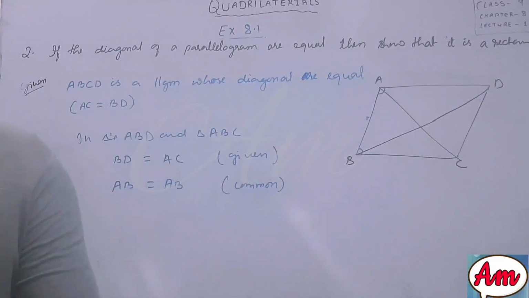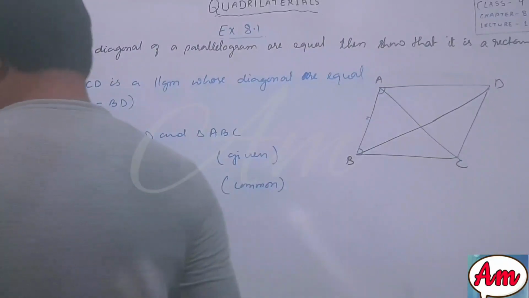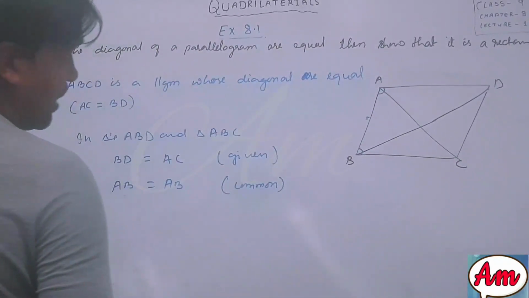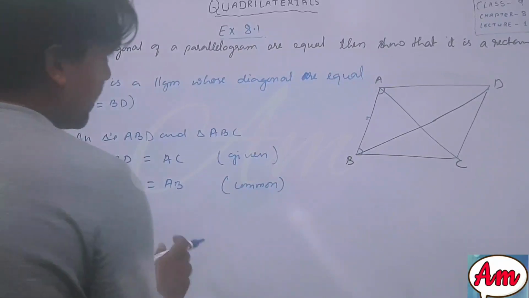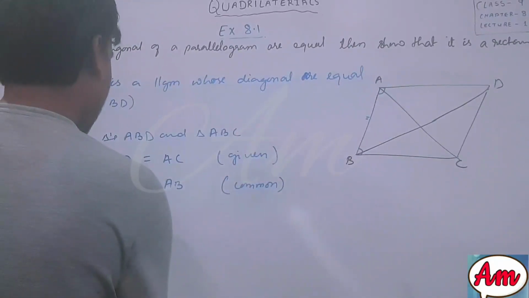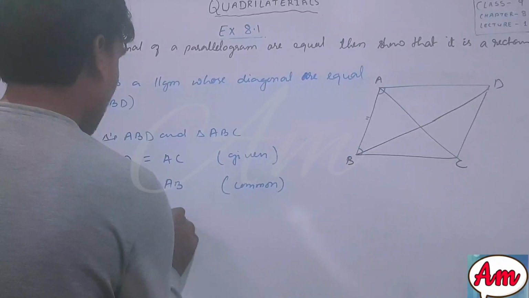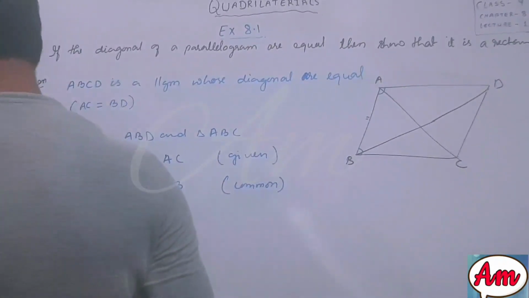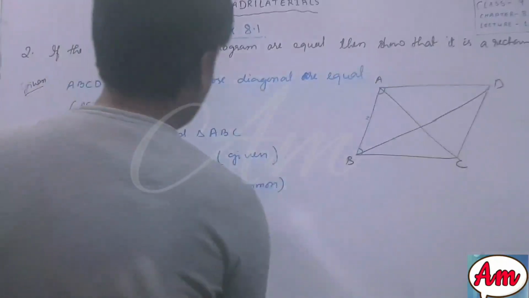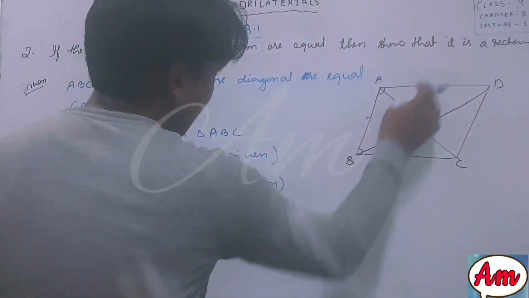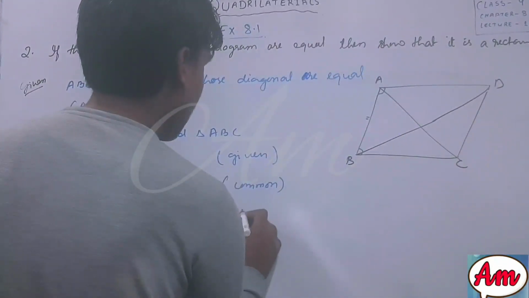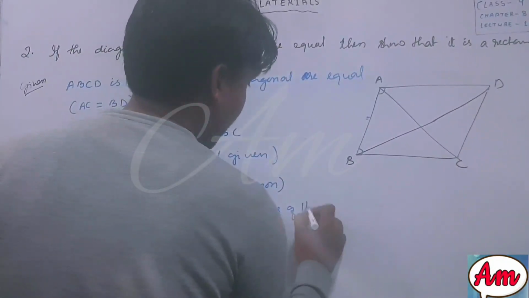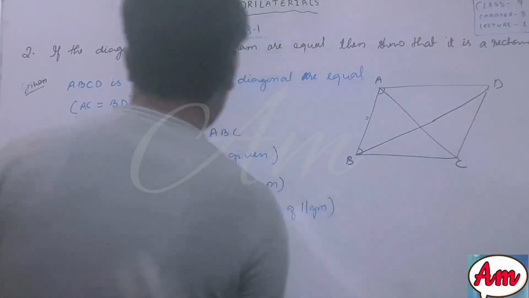Next AD is equals to BC. Now why is it equal? Because opposite sides of a parallelogram are equal. So we'll write it here, opposite sides of parallelogram. So that is why this is equal.